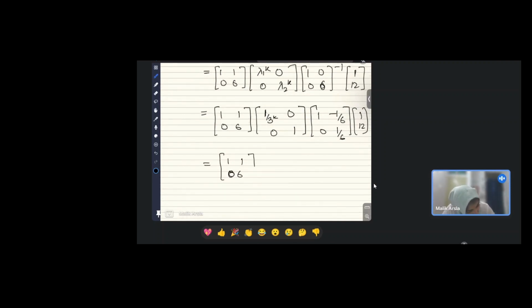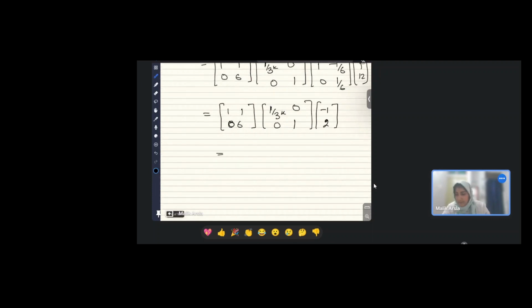Let's keep this as it is, and this as it is, and the multiplication of these two will give me [-1, 2]. Then I will multiply all these three in order, and you will get something like this.